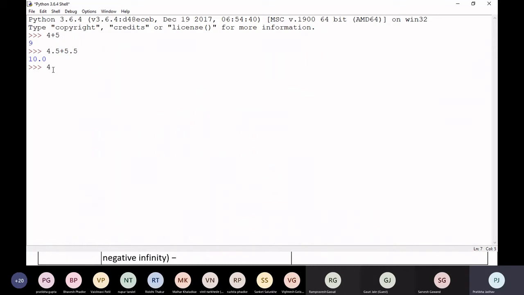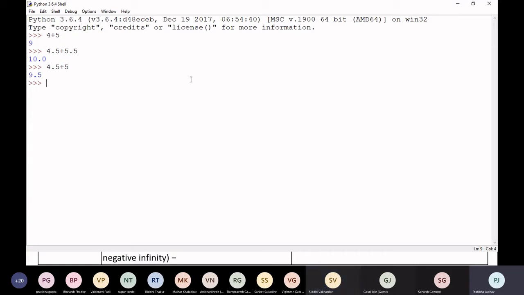Now see, if I am doing 4.5 plus 5, one is an integer and the other is a float value, so it displays the output as a float value.